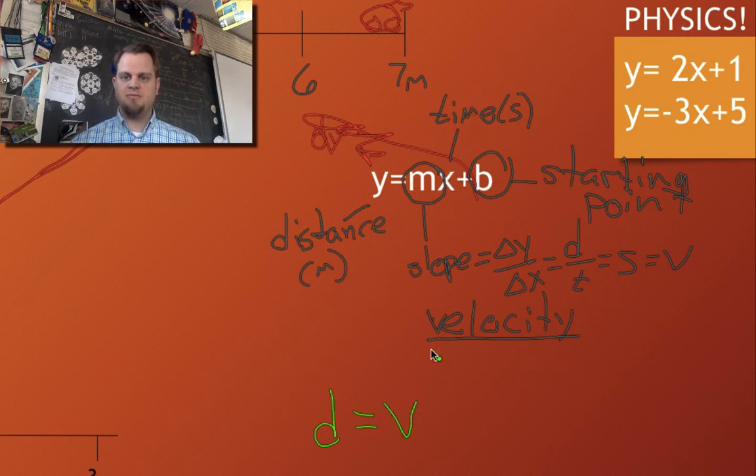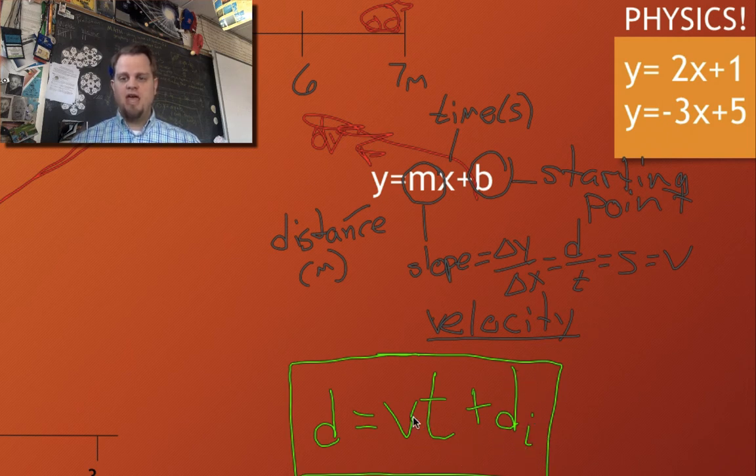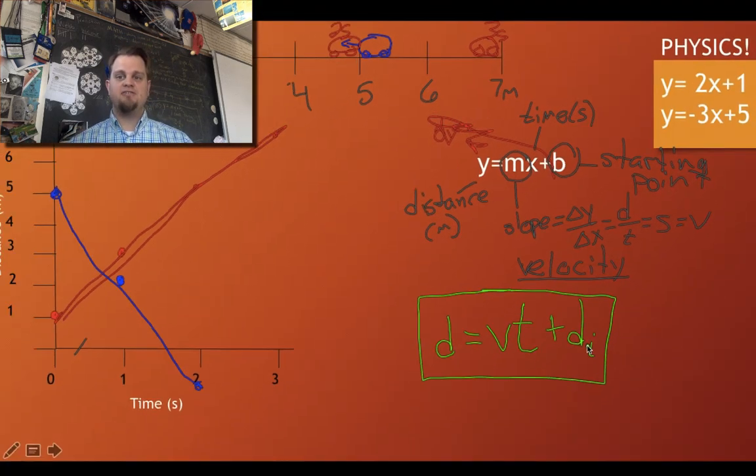X we said is time. Let's call that t. And then this starting point, that's also a distance, but we're going to call that d sub i, or subscript i. This right here, folks, is how you find the distance, or where something is, based on its initial position and how fast it's going and how long it's been doing that. That's the speed equation. That's the velocity equation in physics.